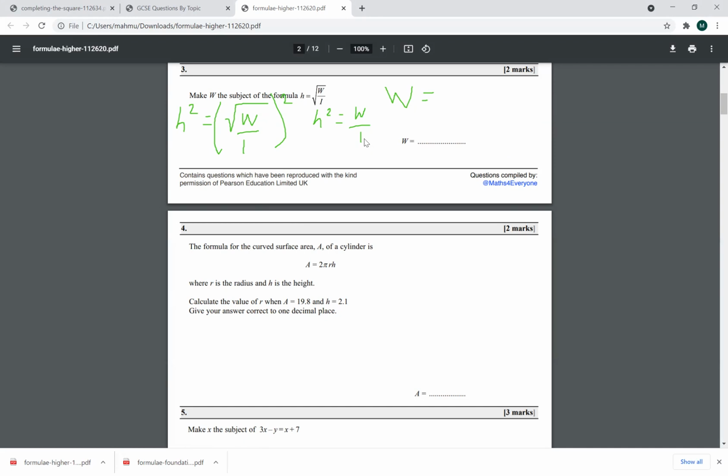You got the I, you have to move it to the other side. What will you do? Times it. Yes. So h squared times I equals W. That's your answer. H squared is the same thing as the number I said, times.